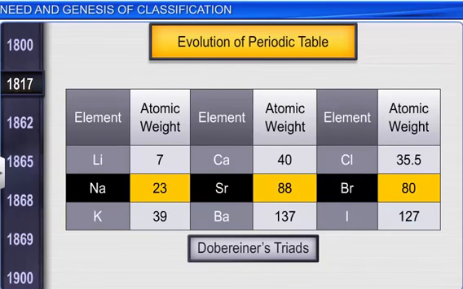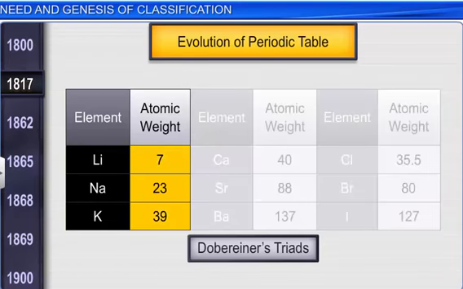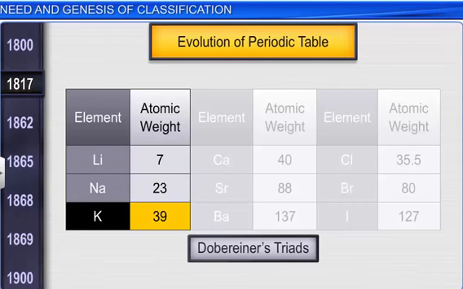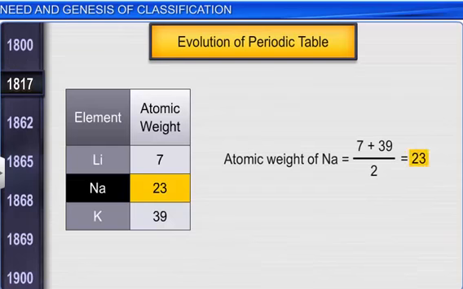For instance, in the triad of soft, reactive metals, lithium, sodium, and potassium, the atomic weight of sodium, 23, equals the average of the atomic weight of lithium, 7, and potassium, 39.